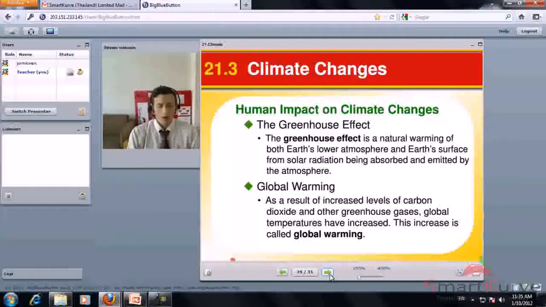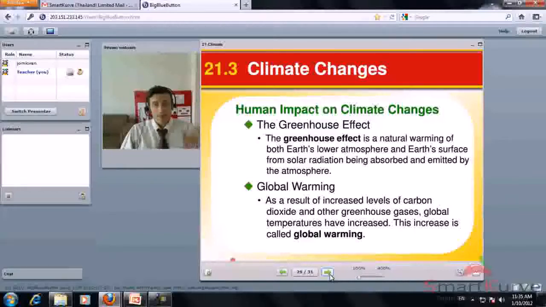Ultraviolet radiation, this high energy radiation, is often absorbed by a high level of atmosphere called the ozone. That ozone absorbs ultraviolet radiation. The infrared is absorbed at a lower level of the atmosphere by carbon dioxide. So only that visible light comes to Earth.